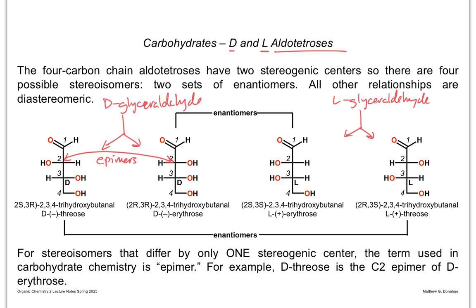So the logic here is glyceraldehyde gives birth to threose and erythrose. So that's 4 carbons. Now we're going to go up to 5. So how many stereoisomers total do you think we'll have then?